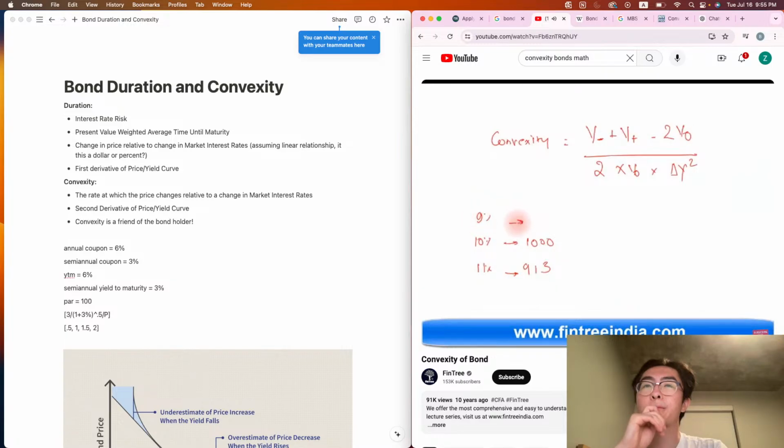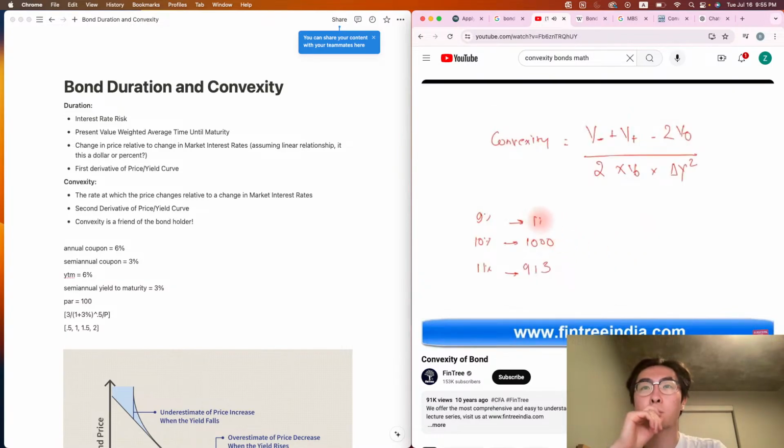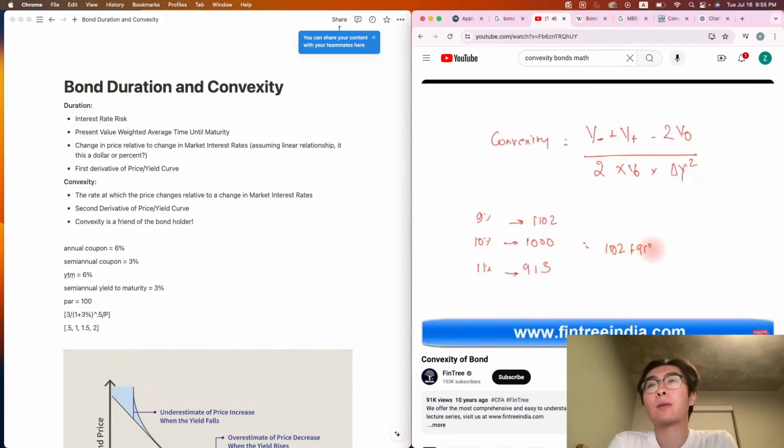And at 9%, bond price was 1102. So we would put the numbers in this formula: 1102 plus 913 minus 2000, divided by 2 into 1000 into 1% square.